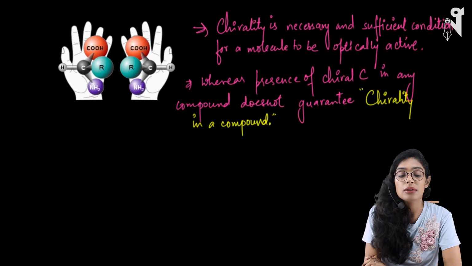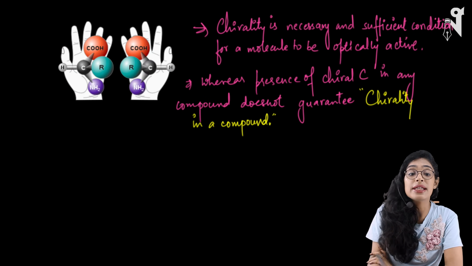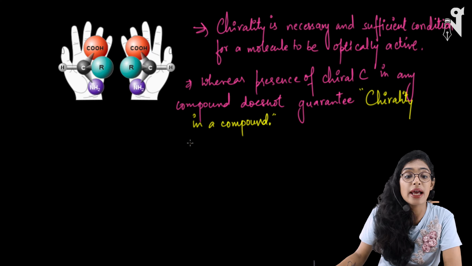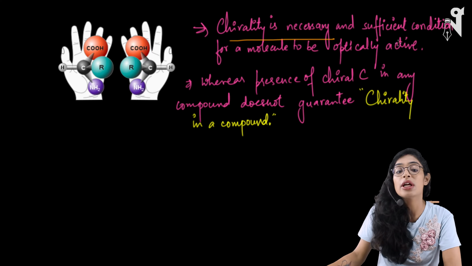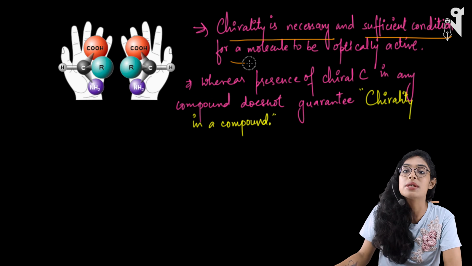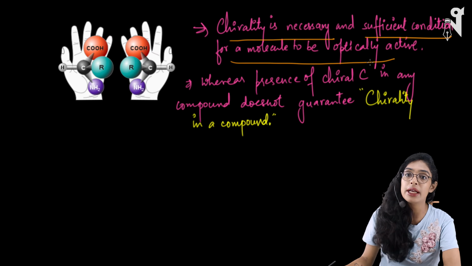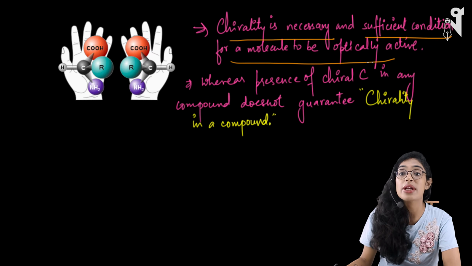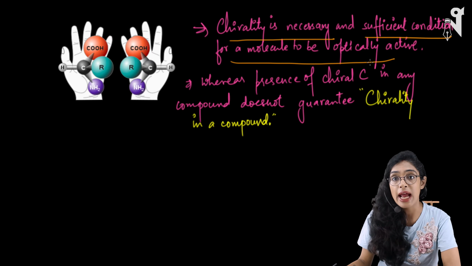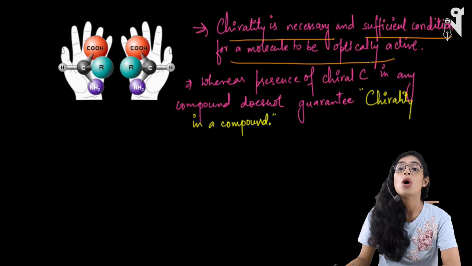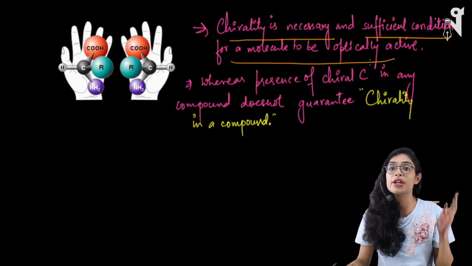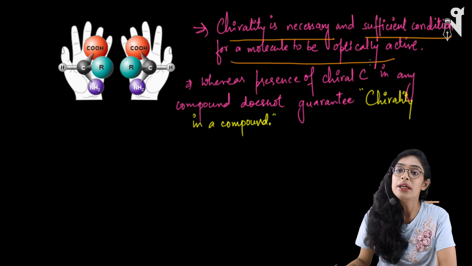The last thing about chirality is, as I mentioned, that chirality is a necessary and sufficient condition for a molecule to be optically active. That means you don't have to look for the chiral center. Again and again I am repeating this: a chiral center's presence doesn't mean your molecule is going to be optically active, but if the molecule is chiral, that definitely ensures that your compound is optically active.